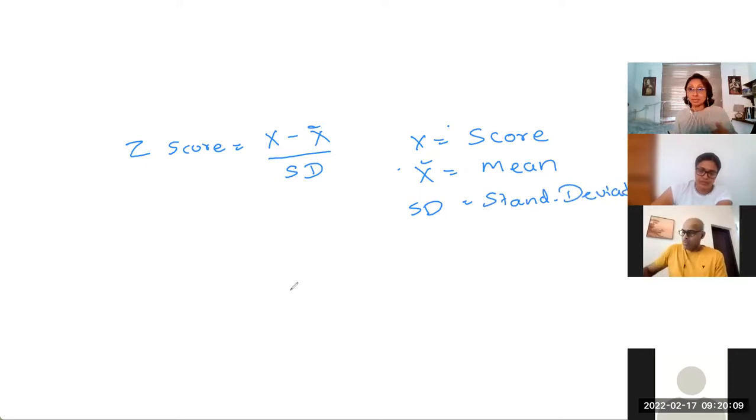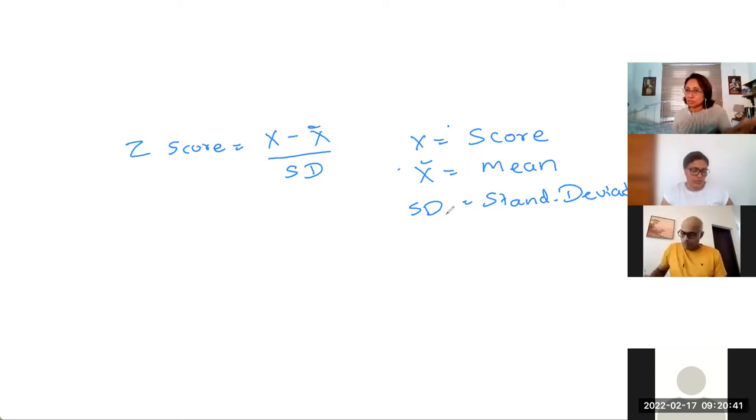Now we know how to calculate the standard deviation. If we have a set of scores, let's say 5 scores, we know how to find the mean of those 5 scores and then find the deviation from the mean. You subtract the mean from each score, square that, add up the squared totals, and divide that by the number of scores minus 1.